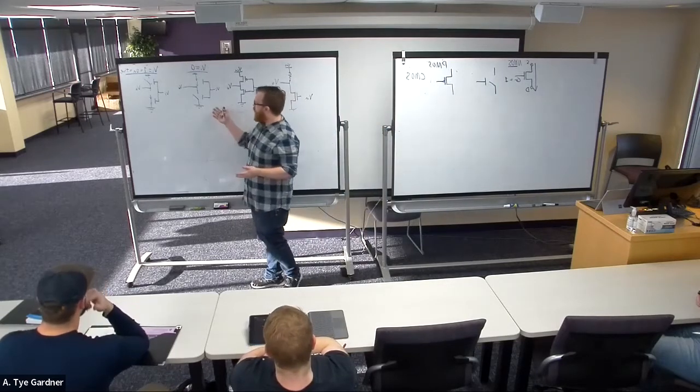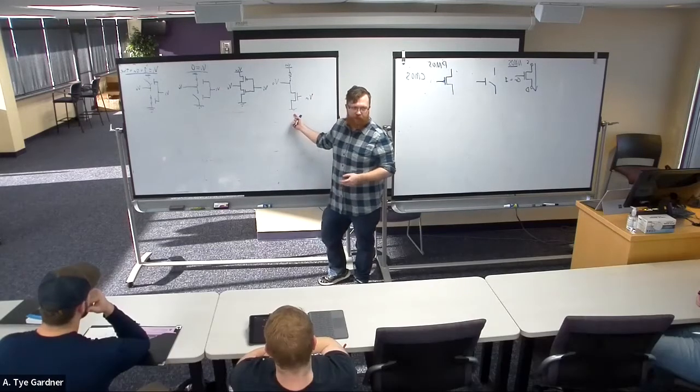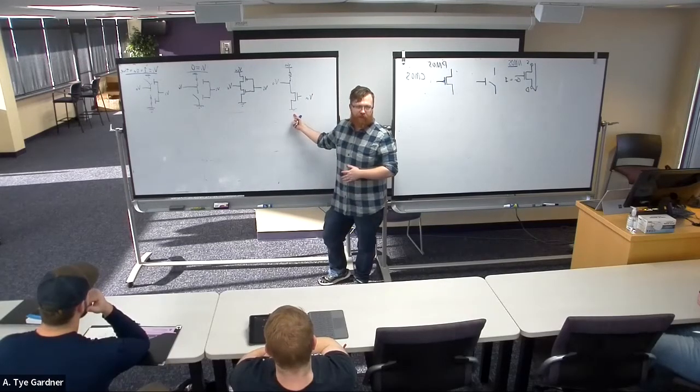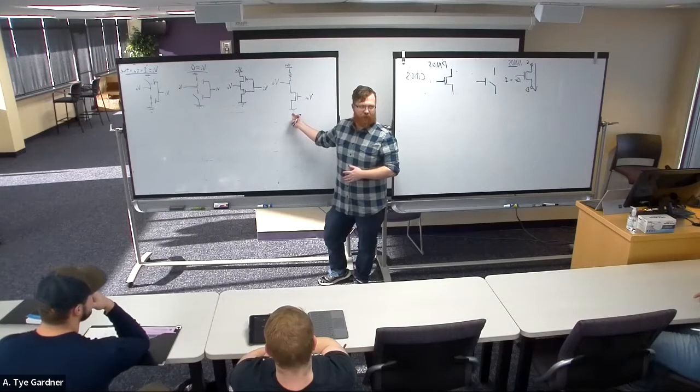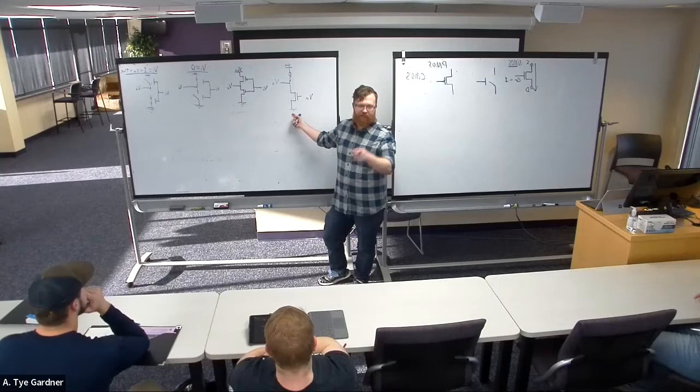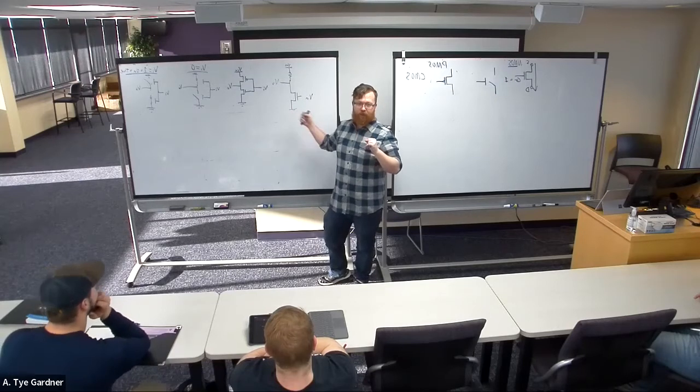There's another benefit to this type of architecture over this one. Does anyone see what it is? If you don't, I want to make it a puzzle for a minute. No resistor. Yeah, there's no resistor, and that makes it smaller. But what else does removing the resistor do?